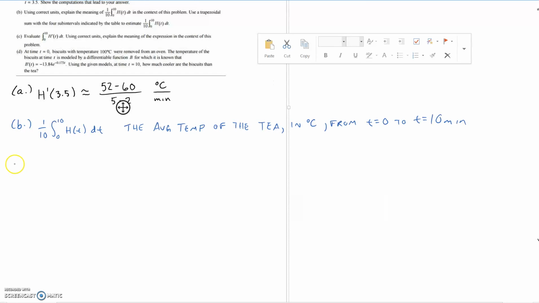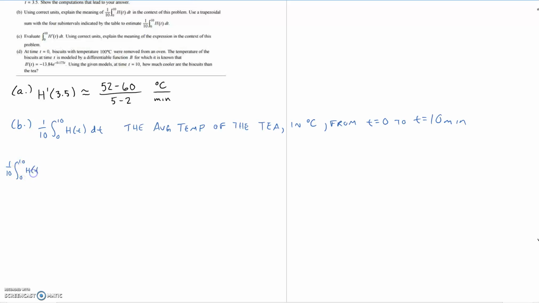Then 1/10 the integral from 0 to 10 of h of t dt is approximately 1/10 times that area approximated using trapezoids. So 1/2 base 1 plus base 2 times the height, plus 1/2 base 1 plus base 2 times the height, and there's 4 of these trapezoids.